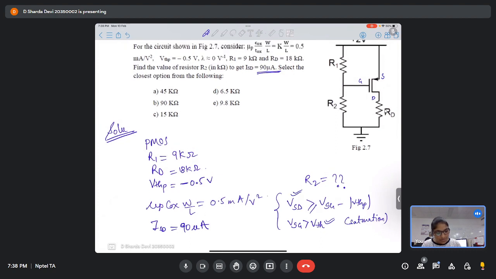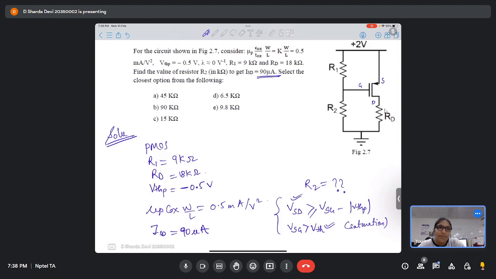So can you check this condition and tell me whether the transistor is in saturation or not? Is it even possible to check this condition?